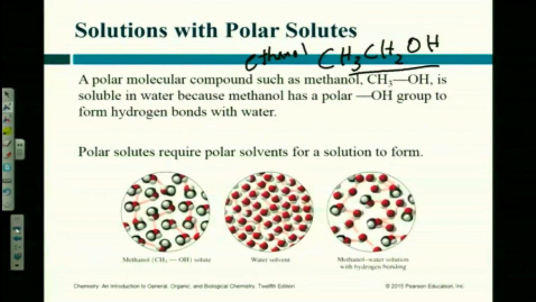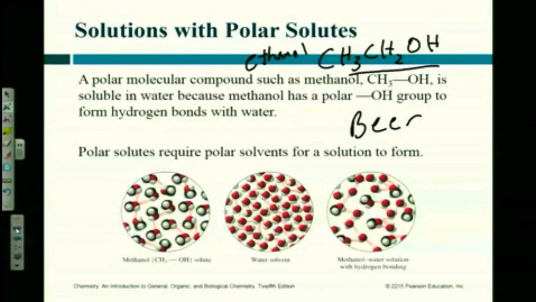So when you go to the grocery store and you buy a solution of ethanol, commonly known as that, what are you really buying? Does your ethanol dissolve in water? Yes. Good answer.